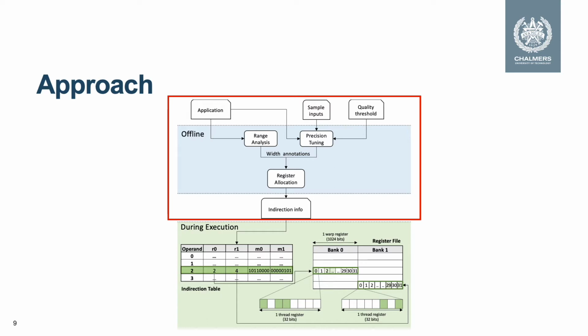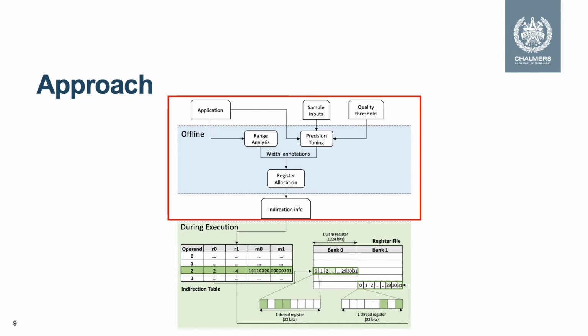Also, a precision tuning step is carried out, which sets the precision of each float value to meet the specified quality threshold. The output of these two steps are width annotations at instruction level, which are taken into account by the register allocator. Finally, the output is indirection information, which locates each operand within the register file.